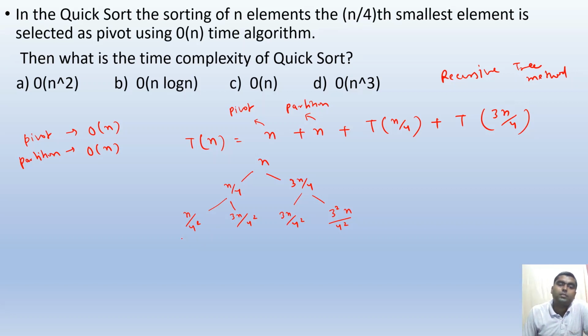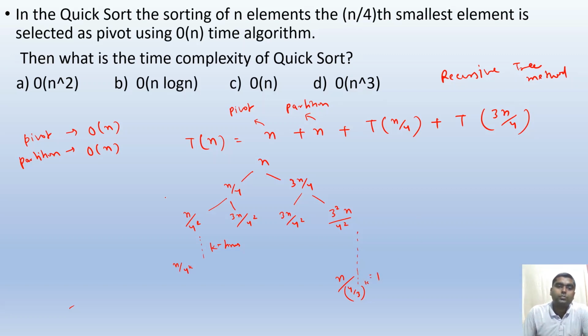This is dividing by 4, and this is dividing by 4 by 3. So this way let me solve for k times. So this is n by 4 raised to the power k, and this will go to some lower level, n by (4 by 3) raised to the power k, which finally goes to 1.